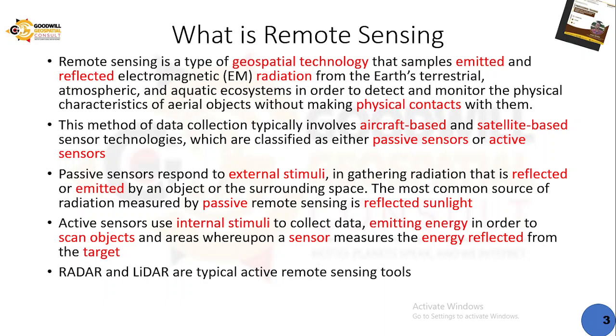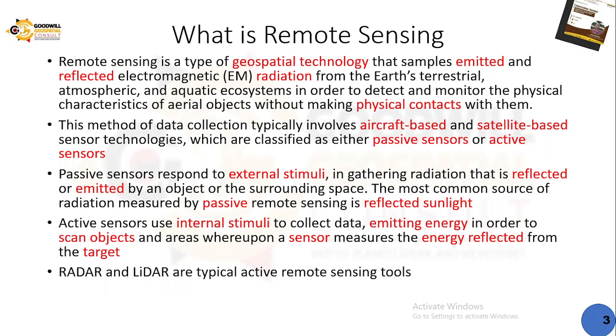On the other hand, active sensors rely on internal stimuli to collect data, emitting energy in order to scan objects and areas, whereupon a sensor measures the energy reflected from the target.